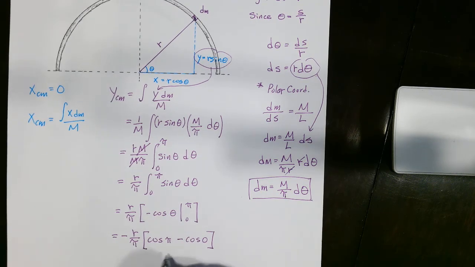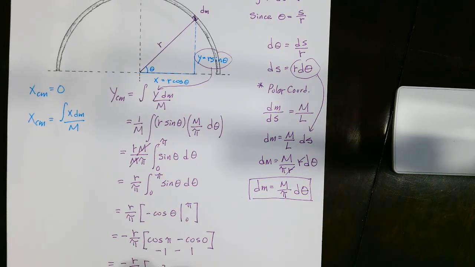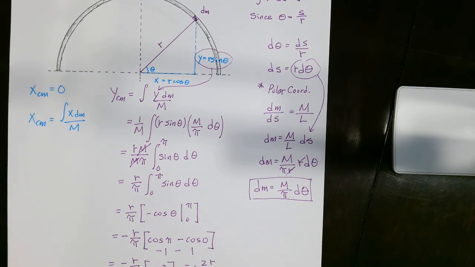Cosine of pi is negative 1, cosine of 0 is 1, so you get negative 2 here. So negative r over pi times negative 2 gives me 2r over pi, and it becomes positive. So my y sub cm is equal to positive 2r over pi.